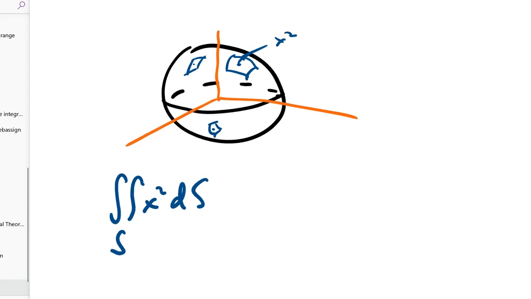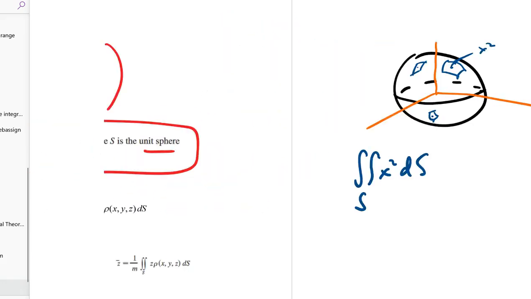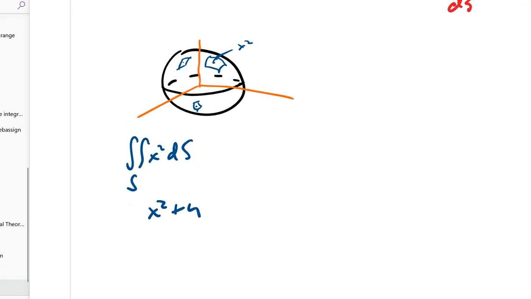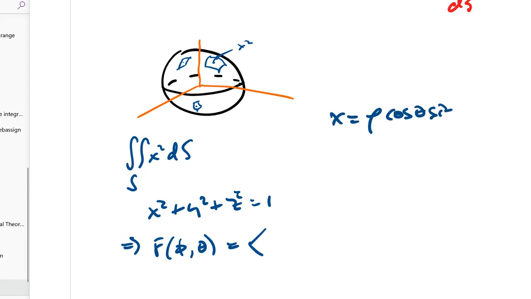Okay, so we need to parameterize this sphere. It was a unit sphere, x squared plus y squared plus z squared equals 1, which can be parameterized using r of phi, theta. x equals rho cosine theta sine phi, and rho is 1 in this case, so it's cosine theta sine phi. y was sine theta sine phi.